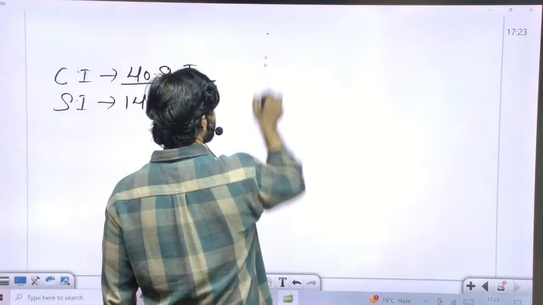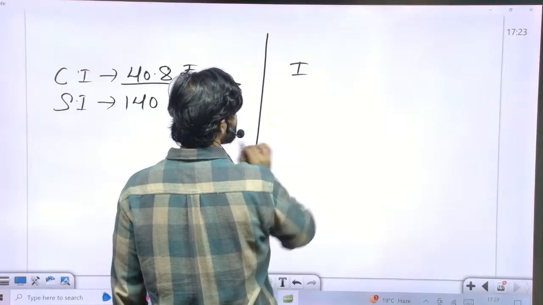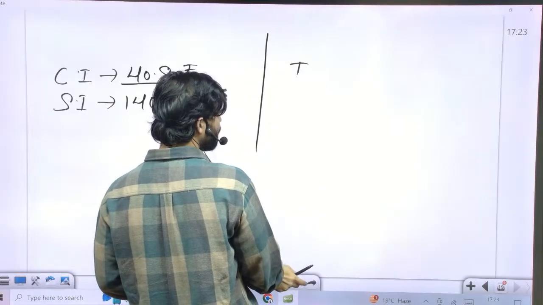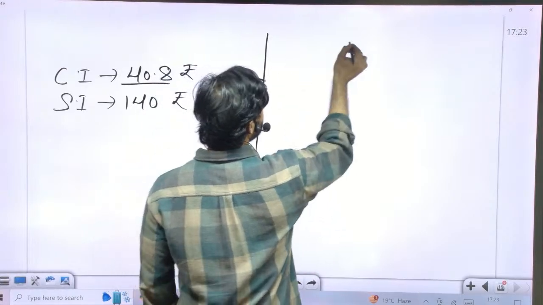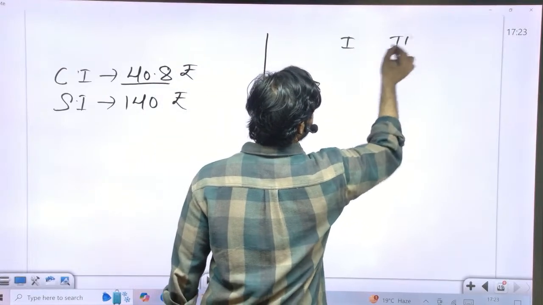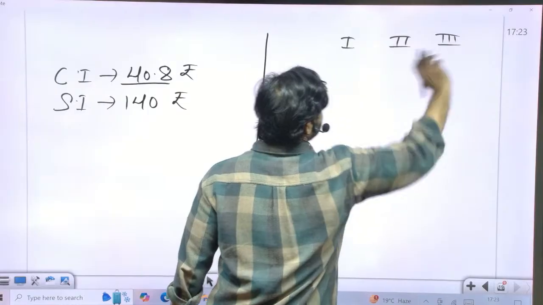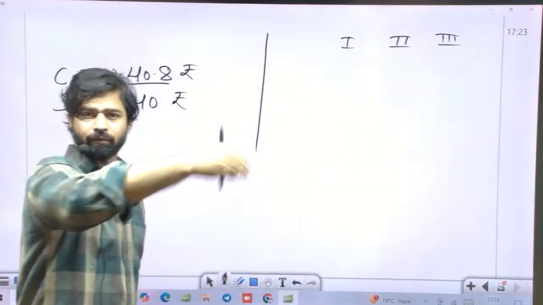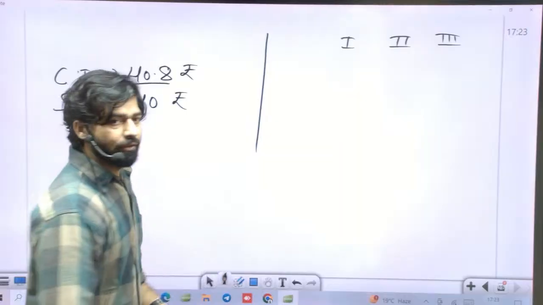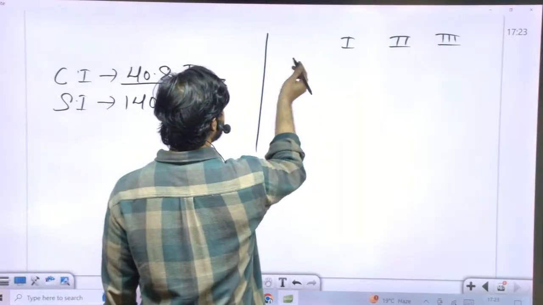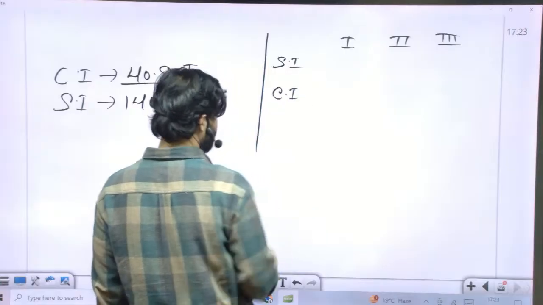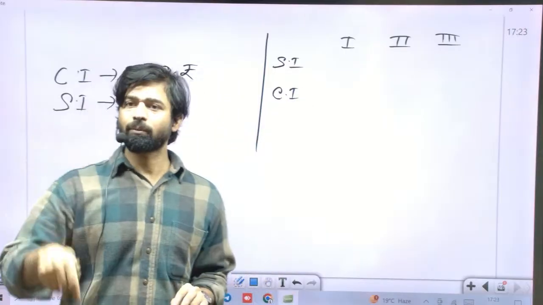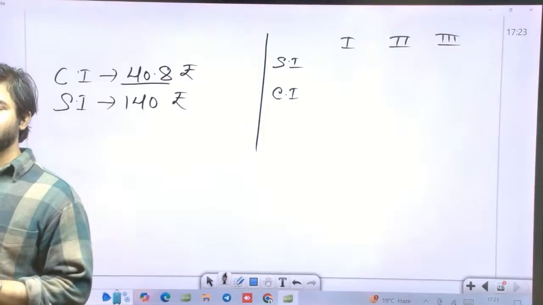So let's take it here. This is the first year, second year, third year, and we will take it up to the fourth and fifth year, but there is no need. Let's take SI first, and then CI.